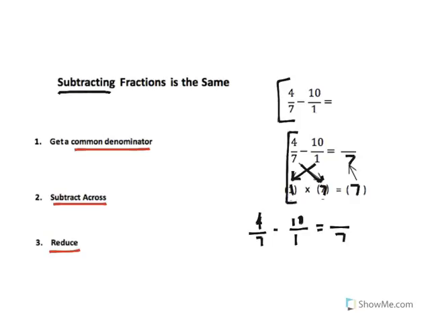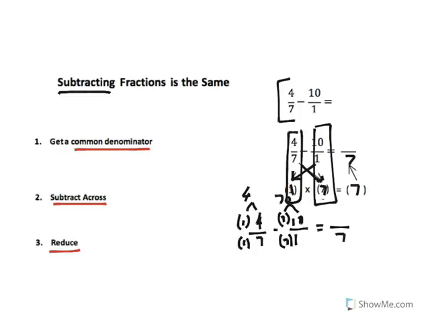I multiply this fraction here by the same number on the top and the same number on the bottom. I do the same thing over here. 7 here, 7 here. I multiply, I get 4 and 70.